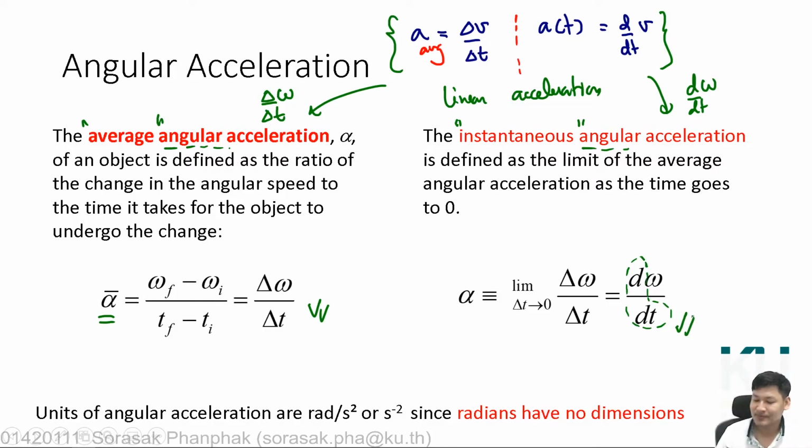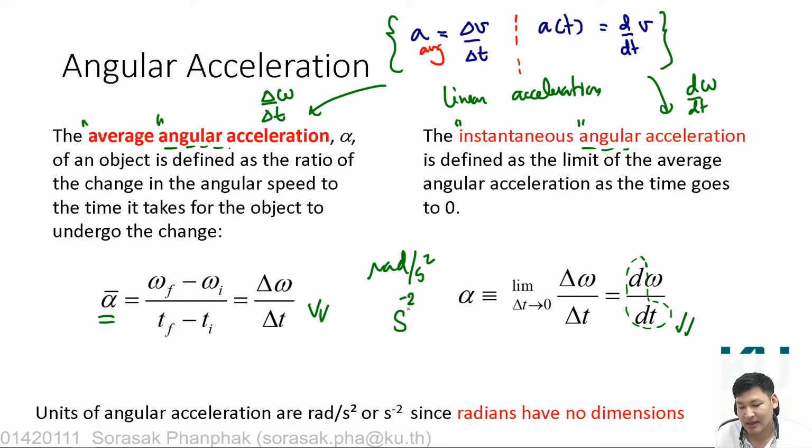For the unit, it can be radian per second squared, or if you think of the radian as dimensionless, which comes from the theta itself, you can have another unit, per second squared.